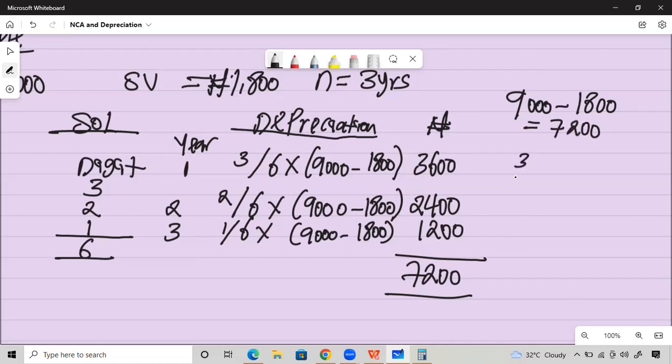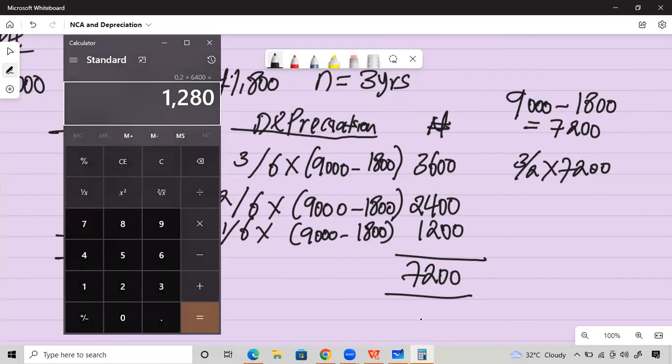So if you say 3 divided by 6 multiplied by 7,200, you can as well be doing it that way.